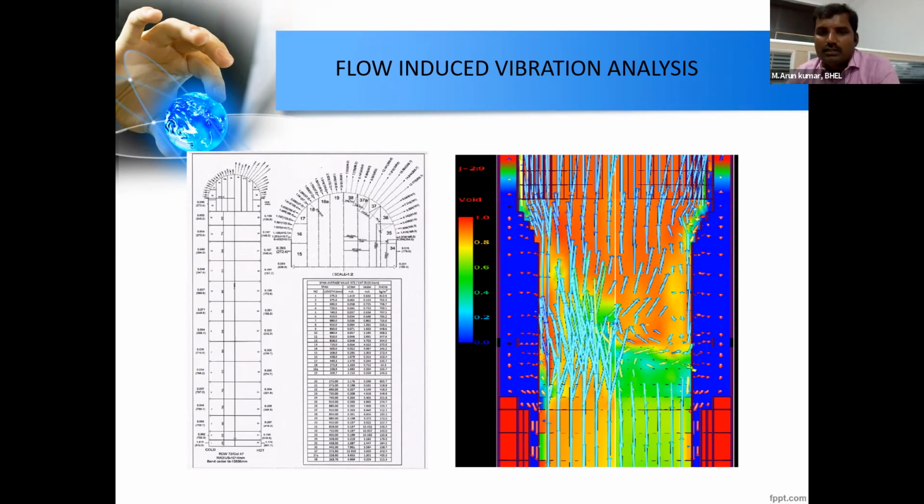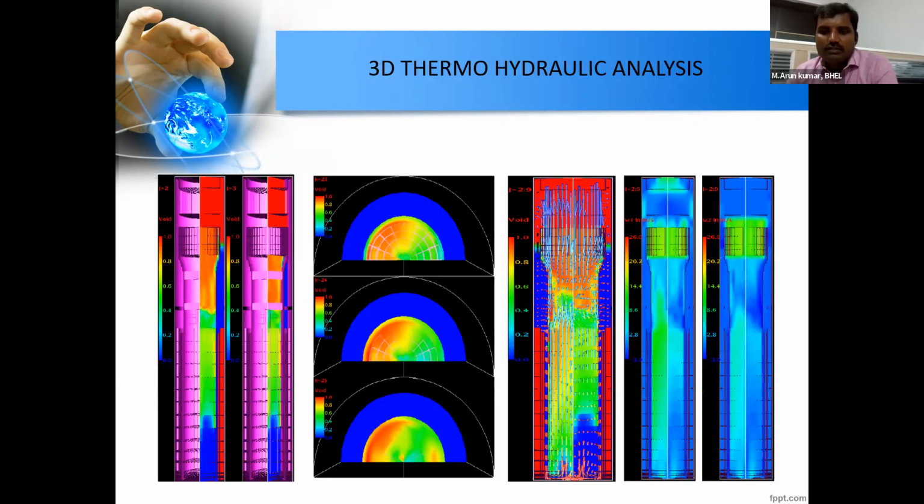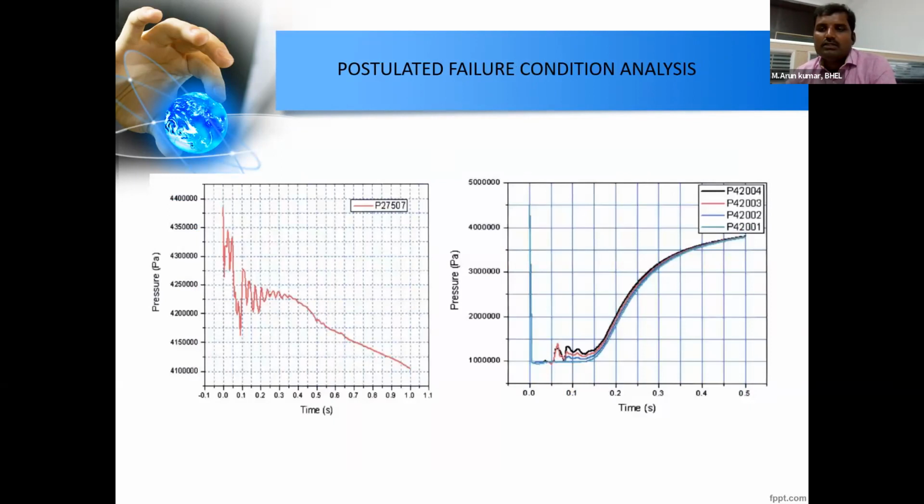The main focus is that the material or tube should not experience the critical frequency. To avoid that, we have designed the additional supports we have to provide. That much detail we have to go into in design for nuclear components. So these are some results in 3D thermohydraulic analysis.